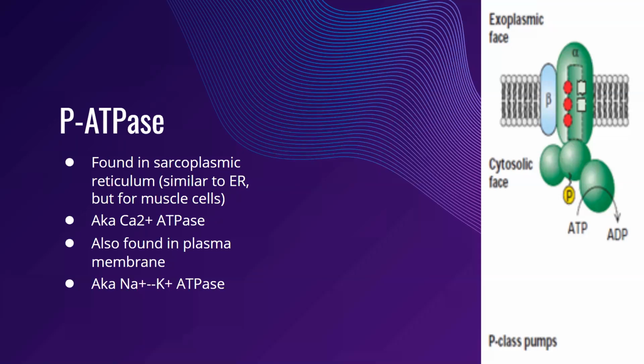So the sarcoplasmic reticulum has this ATPase, also known as calcium 2+ ATPase. It is also found in the plasma membrane, but mainly in the sarcoplasmic reticulum. Through the movement of sodium and potassium, we are able to then produce calcium 2+, which is the main ion used in muscle cells to contract and relax muscles.